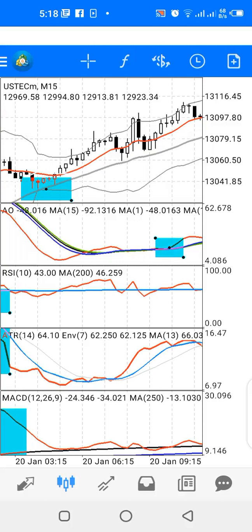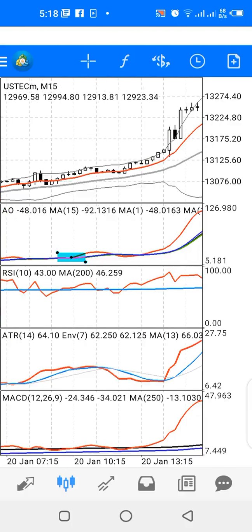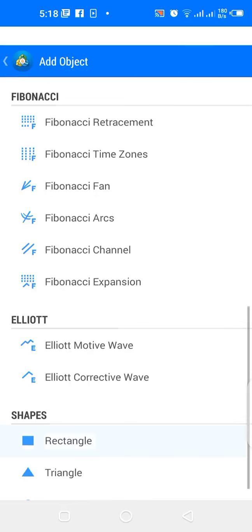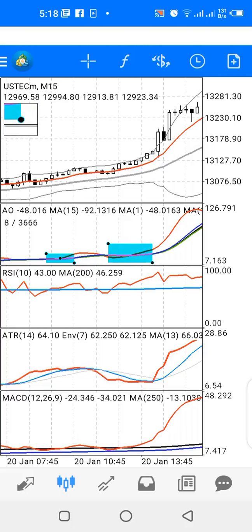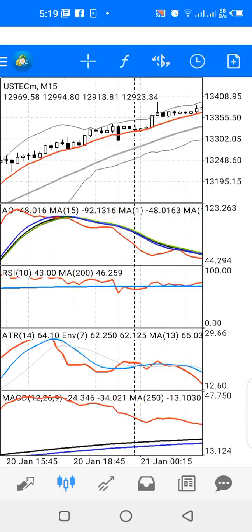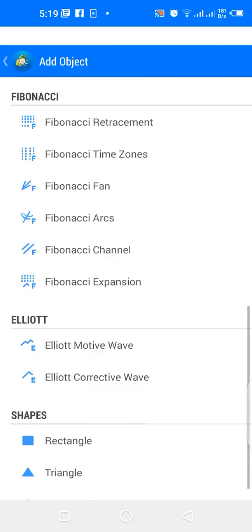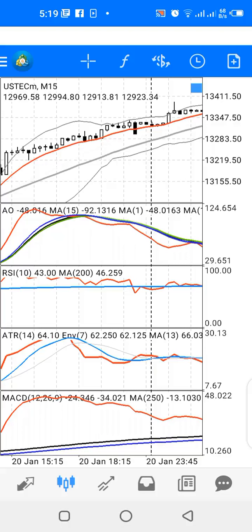Like you have a cross up above it around here for you to buy. You have a clearer cross up around here for you to buy. Okay, but when it crosses down, it means look for selling opportunities.